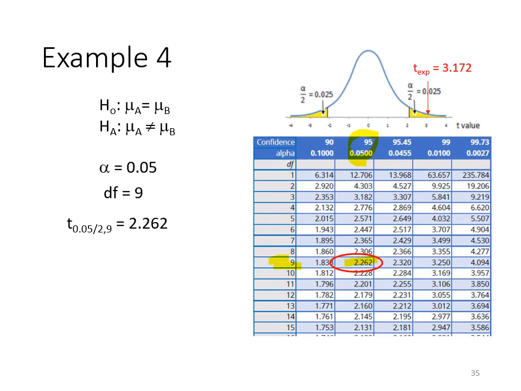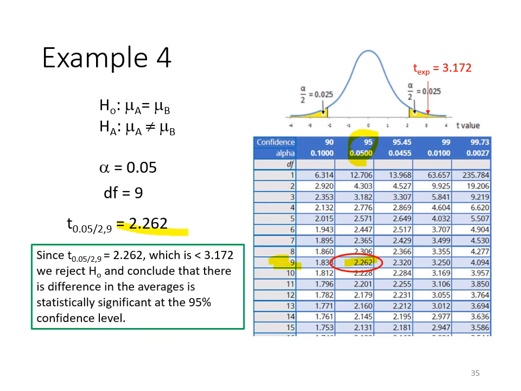Critical t value, we just calculated here at 2.26. We see that the experimental t value is greater than the critical t value. So we reject the null hypothesis and we conclude that the difference in the averages is statistically significant at 95% confidence interval.